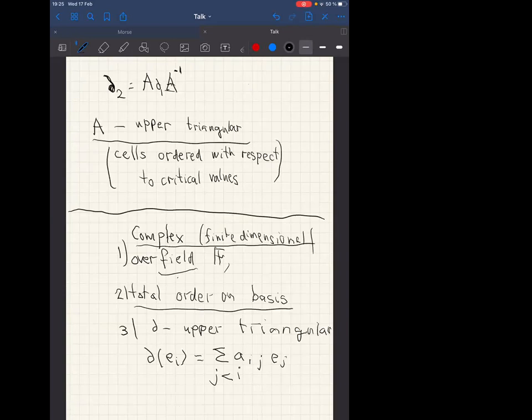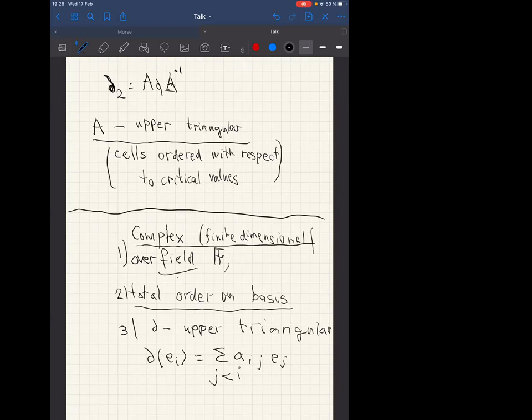Then one can mention that if we take another cell complex, it can be constructed step by step. We glue some cells with respect to the order of critical values.